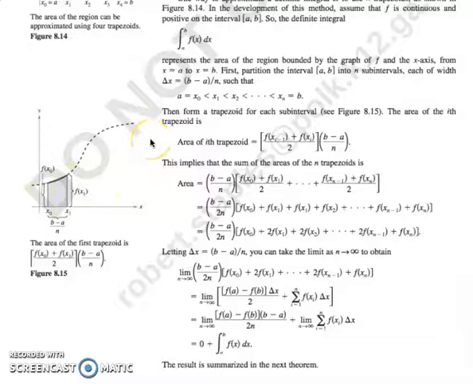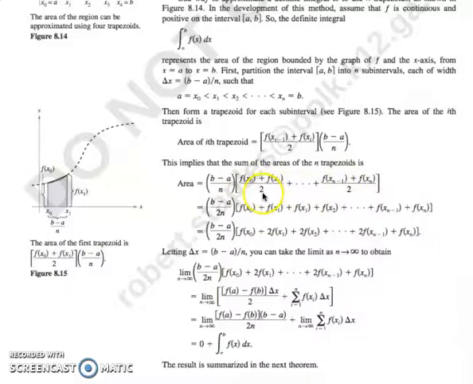Okay, so remember the formula was 1/2 the height times the sum of the bases. So you can see this over here, 1/2 the height times the sum of the bases. Now, when we try to break this down into a sum or a series, we know that we're going to have the first trapezoid, so that's what this is, and the last trapezoid, which is what this guy is.